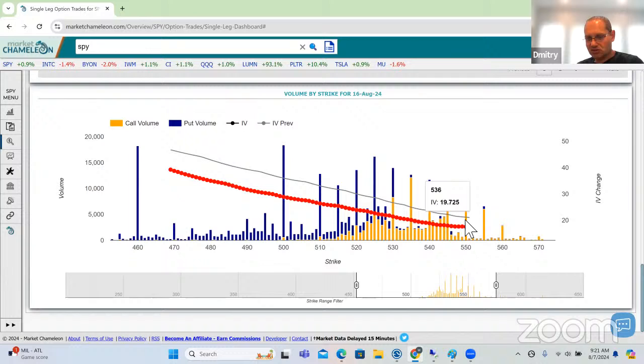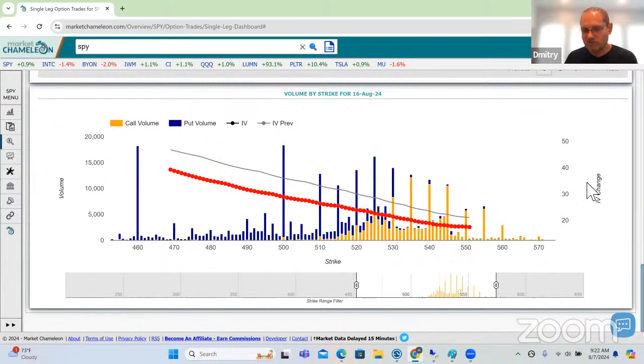So this new line, see the dotted line? That's the most recent implied volatility. When it's down, we indicate that by putting a red dot. If it was up, we would put a green dot. So it's obvious here that the whole implied volatility line shifted lower.